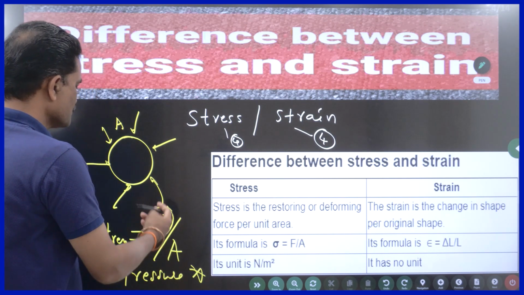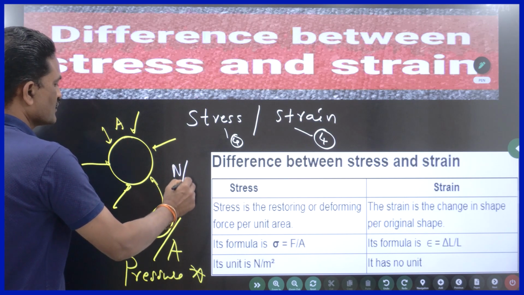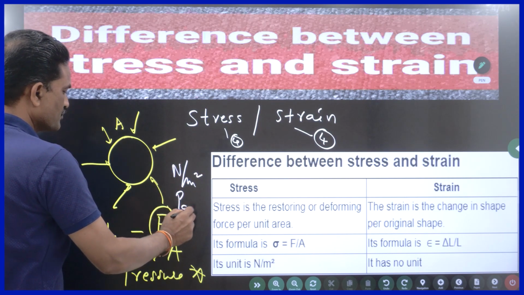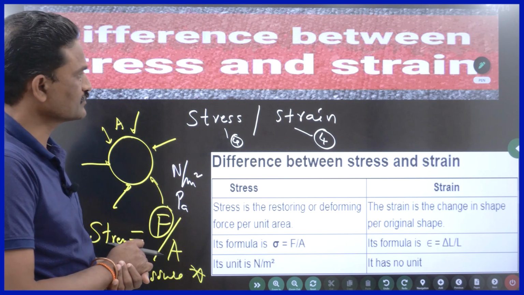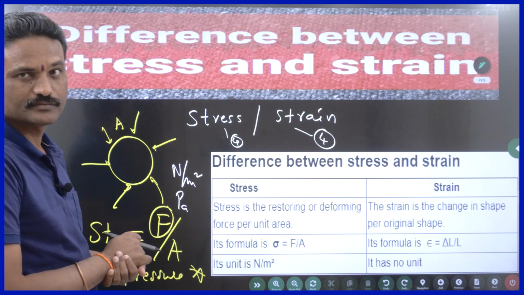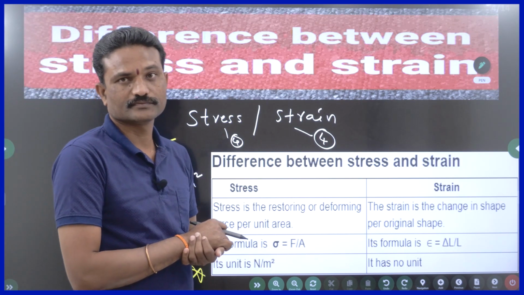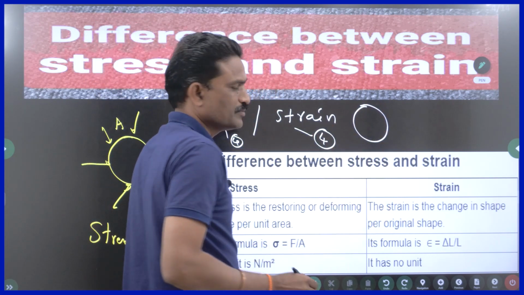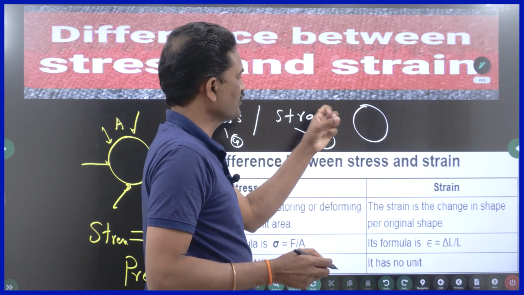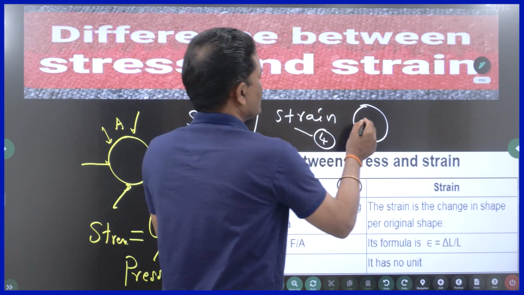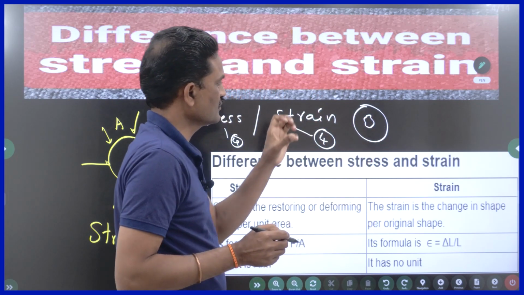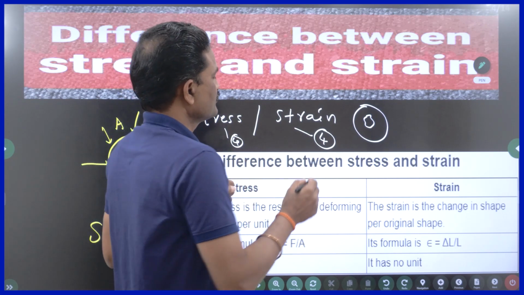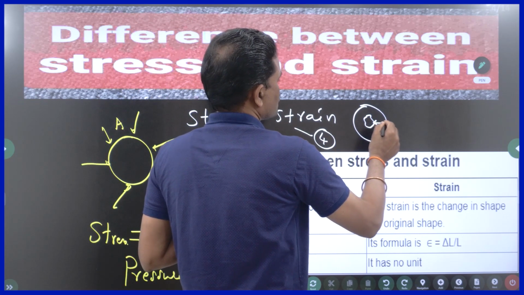Force by area. So, units are Newton per meter square. Newton per meter square is nothing but Pascal. That is stress. Now, what do you mean by strain? Strain is the change. Suppose this was the original volume of the ball. Now, I squeezed it. So, its volume decreased to a smaller value. Now, what is the difference between these two?